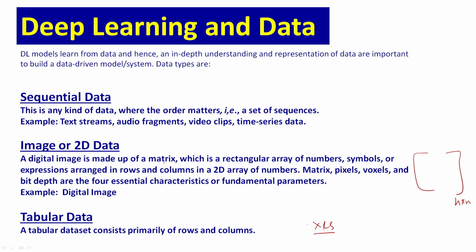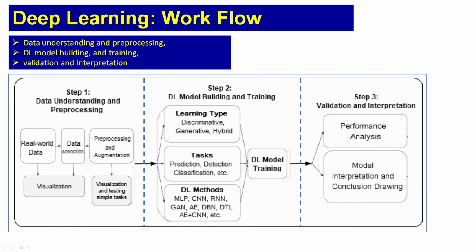Then there is data pre-processing. You have real-world data, and you can annotate and pre-process the data. We have not discussed techniques of pre-processing yet, which we will do in subsequent lectures, but these things have to be done at the beginning. So, data understanding and pre-processing is done as step 1.